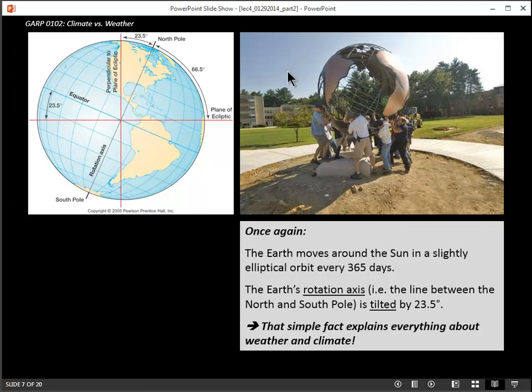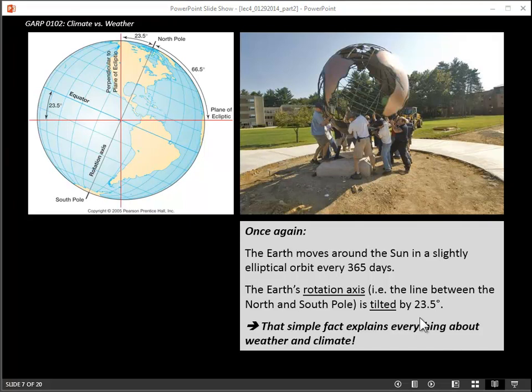And when you walk by that globe, next time you go over to the library, stand there, have a look at it, and sort of appreciate the tilt of the rotation axis that you can see. Because the Earth is not straight there, and the Earth is correctly depicted tilted at an angle. And that simple fact that the Earth is tilted at an angle, orbiting around the sun, really explains everything about weather and climate that we possibly need to know.